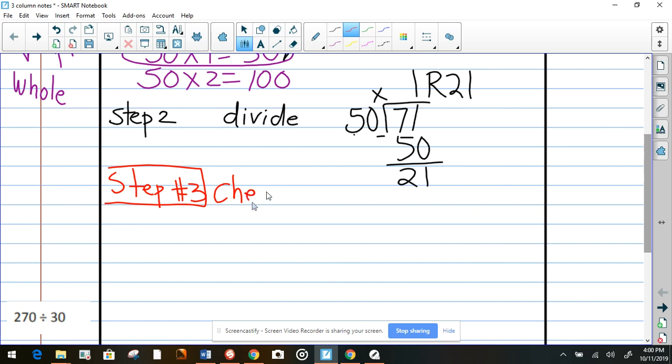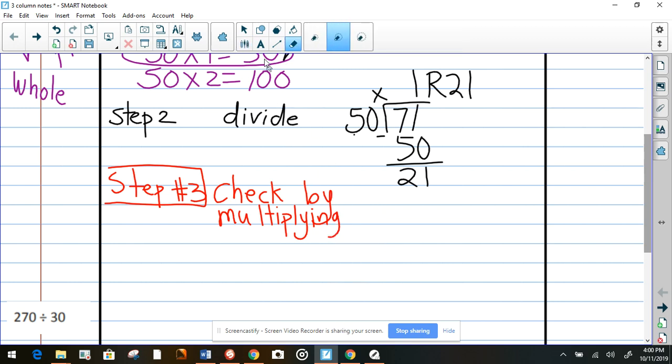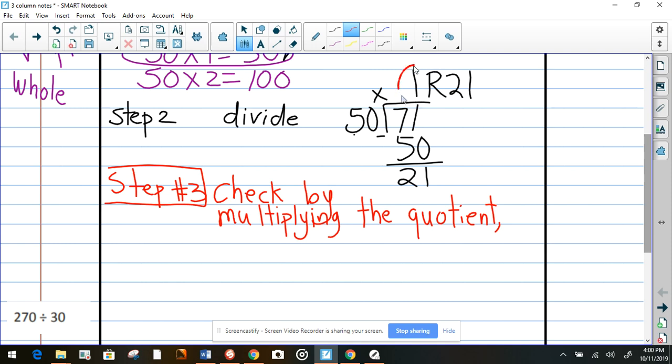Check by multiplying the quotient, and what's the quotient? The quotient is the answer. I'm going to write it here. By the divisor. And I'm going to give you a divisor right here, which is 50. That's a divisor.